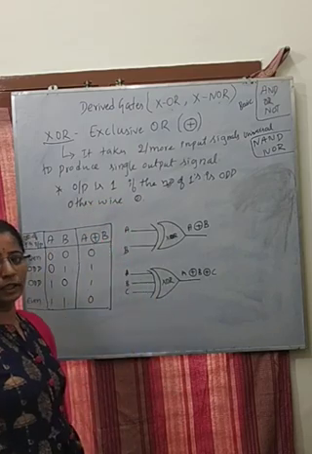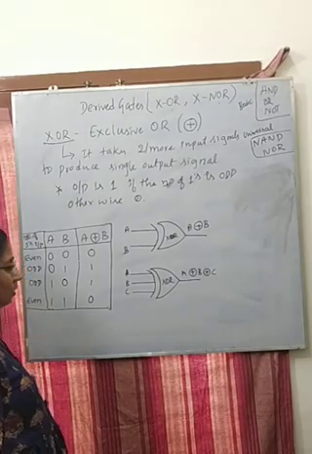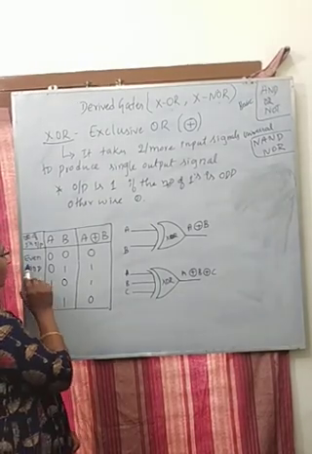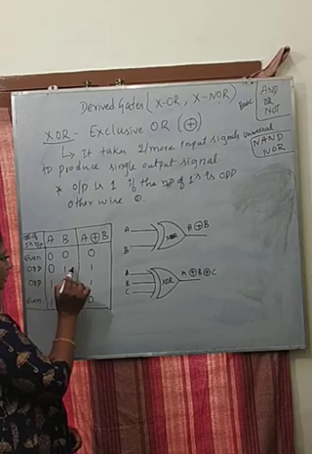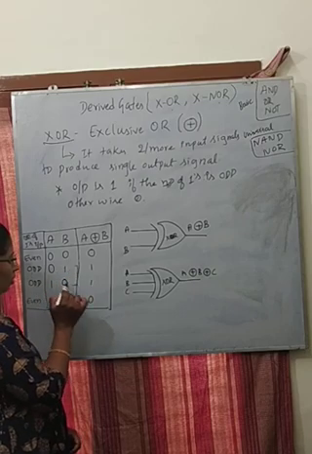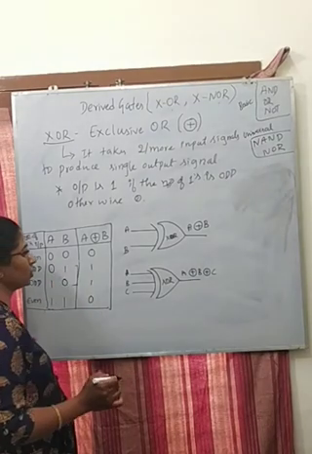That means false. Did you get it? Here it is even. So only in these two cases we have an odd number of ones, hence the output is 1.